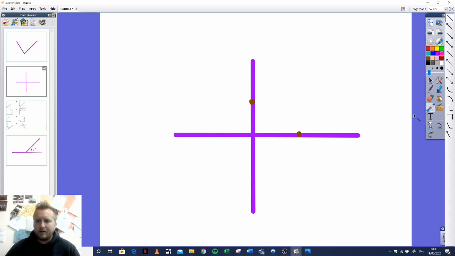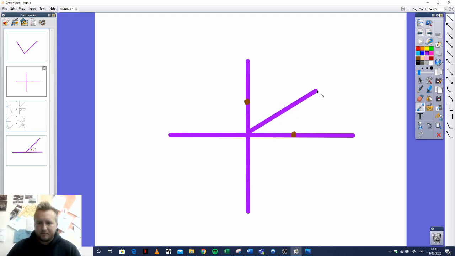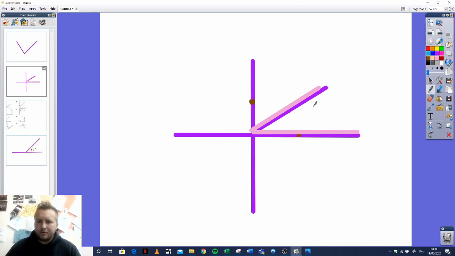For example, let me create another intersection. So you could have this intersection over here. Okay? And you could be looking for the size of the angle from here to here. As you can see, this is less than 90 degrees, because if it were 90 degrees, it would be going all the way to here.